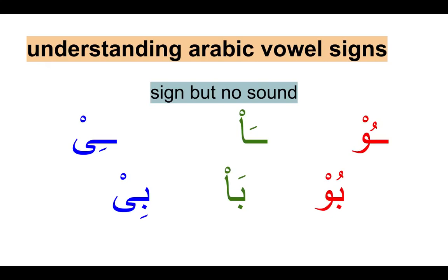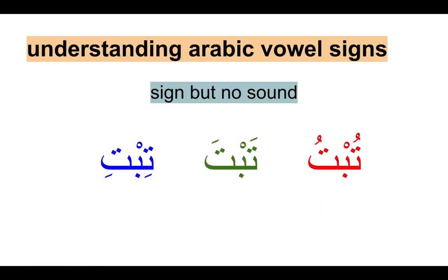So how do we say it? If you say here, we're not producing the sound of wow, we're not producing the sound of alif. It's like boo, ba, bi. To understand it better, when you write a word, for example, tu, here the sound comes to a sudden stop, tub, tu.